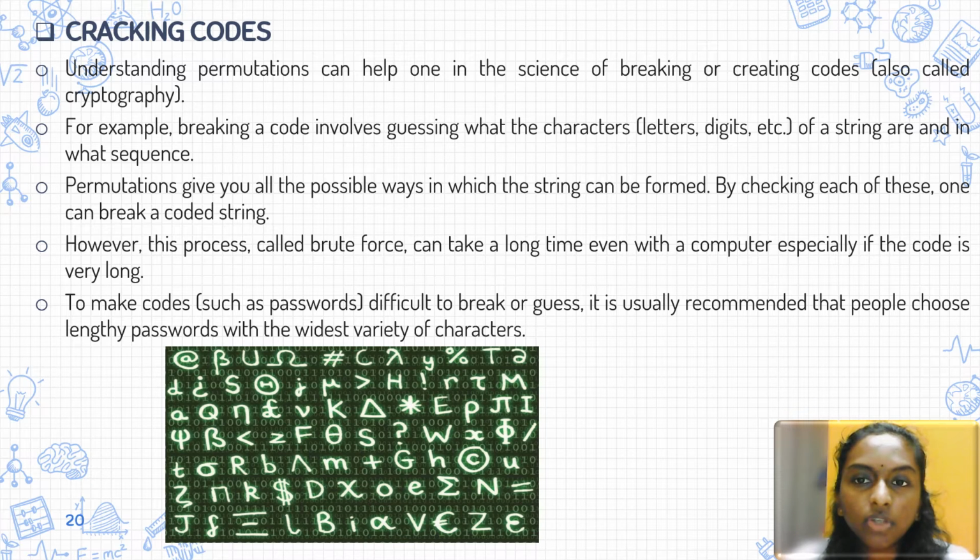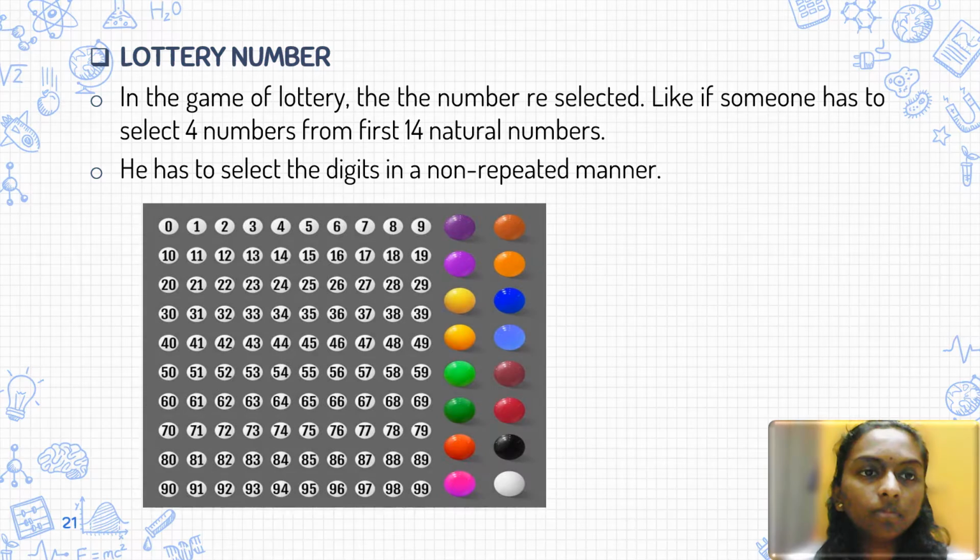By checking each of these, one can break a coded string. However, this process, called brute force, can take a long time even with a computer, especially if the code is very long. To make codes, such as passwords, difficult to break or guess, it is usually recommended that people choose lengthy passwords with the widest variety of characters.